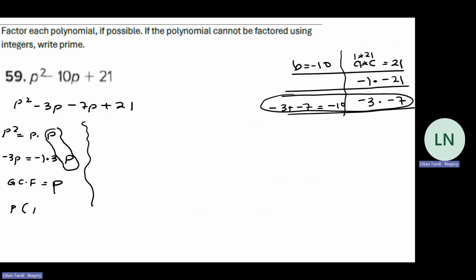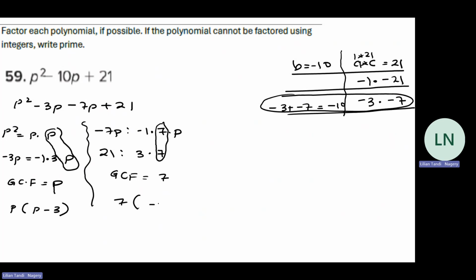P outside, p minus 3. Negative 7p becomes negative 1 times 7 times p. 21 becomes 3 times 7. Common factor is 7, greatest common factor is 7. 7 outside, negative p plus 3.